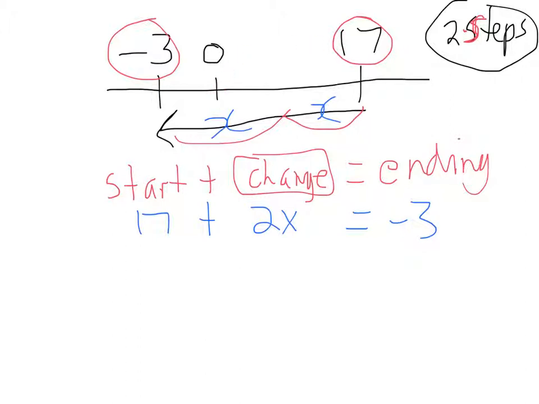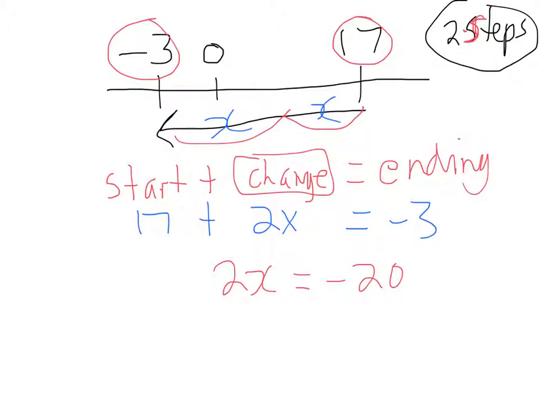So 17 to get to 0 and 3, and the whole thing is in the negative direction. So we can make this a simpler question and say that the change, 2x, is worth -20.